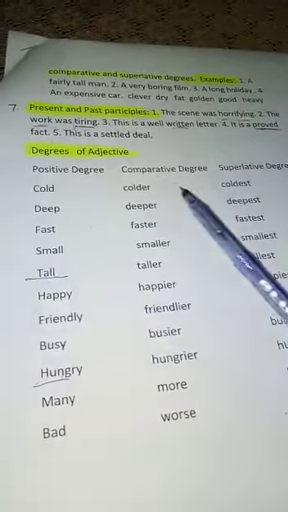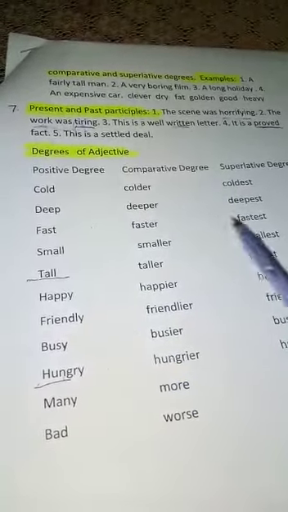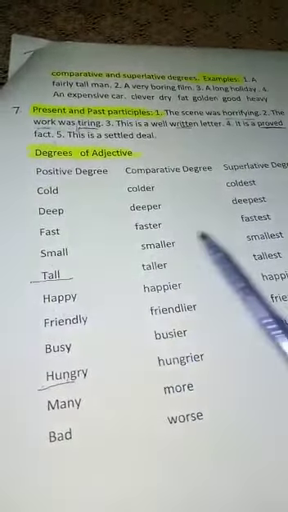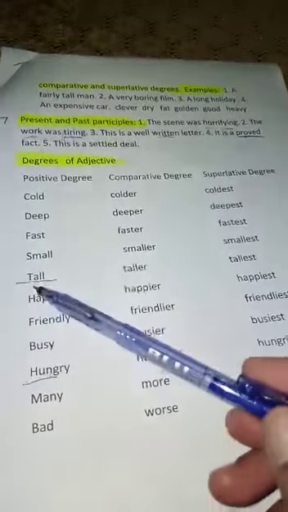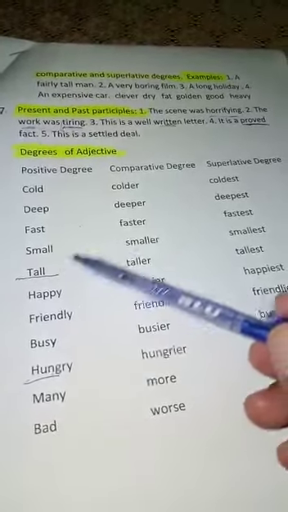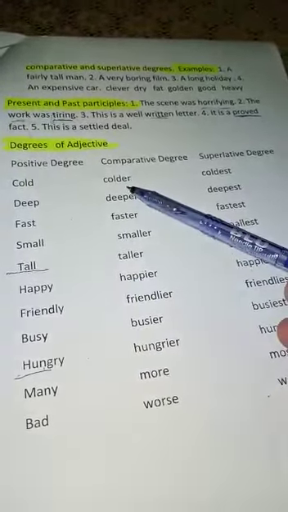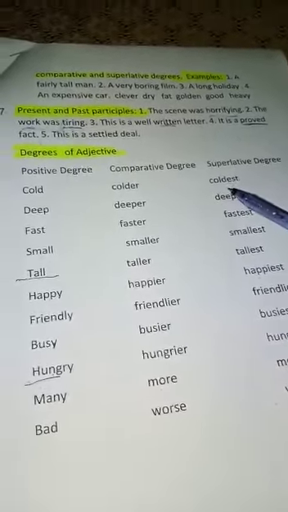Cold, colder, coldest. Deep, deeper, deepest. Fast, faster, fastest. Small, smaller, smallest. Tall, taller, tallest. This is one pattern of forming degrees of adjectives in which we make use of er with the comparative degree and est with the superlative degree.